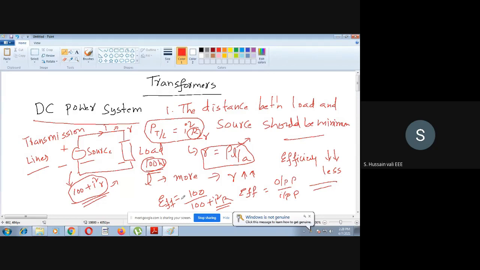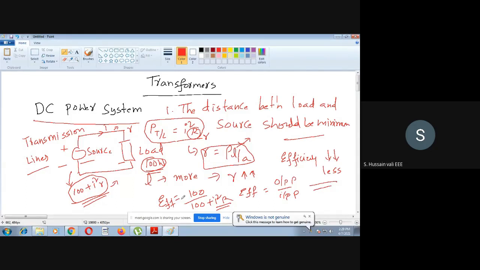It creates a lot of pollution problems. So this is one of the disadvantages, because we don't have any other option in case of the DC power system. Okay, so now this is one problem.